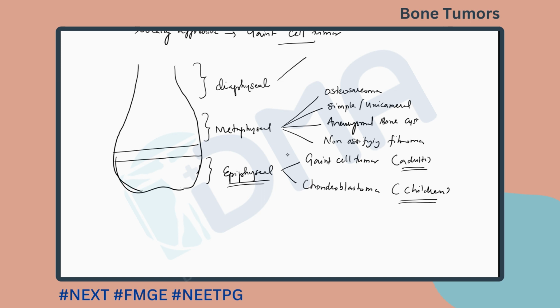And in the diaphyseal region, the tumors which are common are Ewing's sarcoma, osteoid osteoma, and adamantinoma. In the metaphyseal region, you can also add one more tumor which is common, that is osteochondroma.